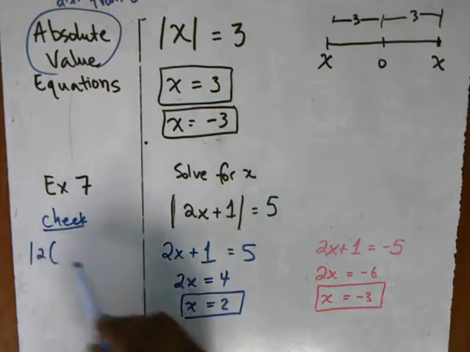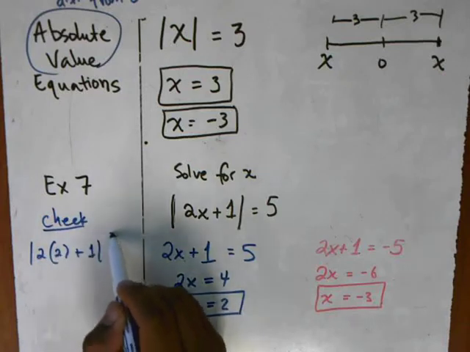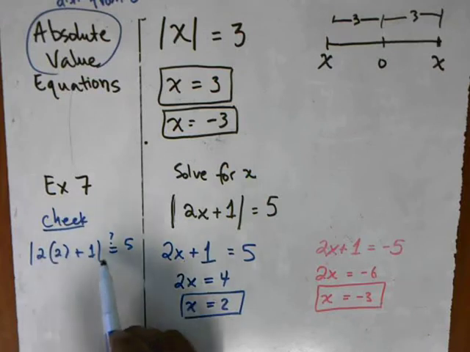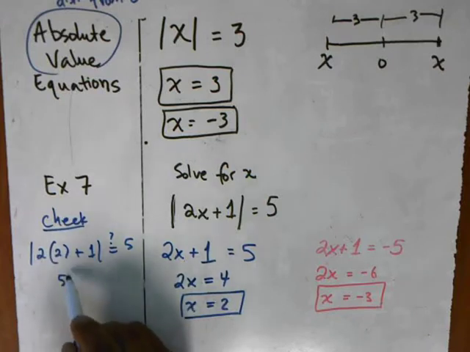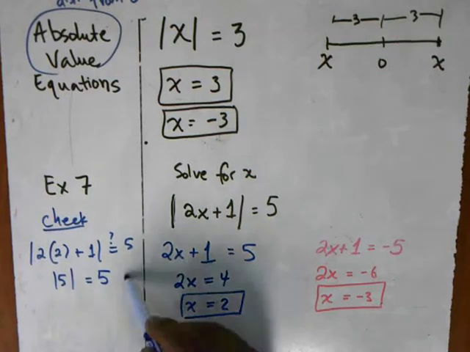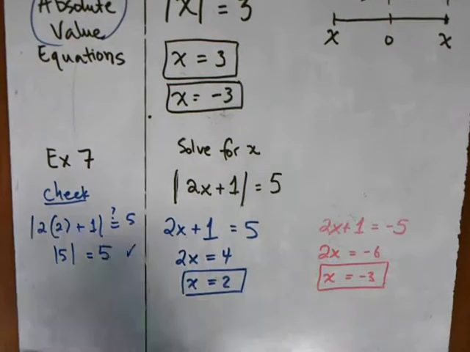Is the absolute value of 2 times 2 plus 1 really equal to 5? Well, 2 times 2 is 4, plus 1, that's 5. The absolute value of 5 is in fact 5. So that's good. Put a check mark there. Okay. Let's check the other one.